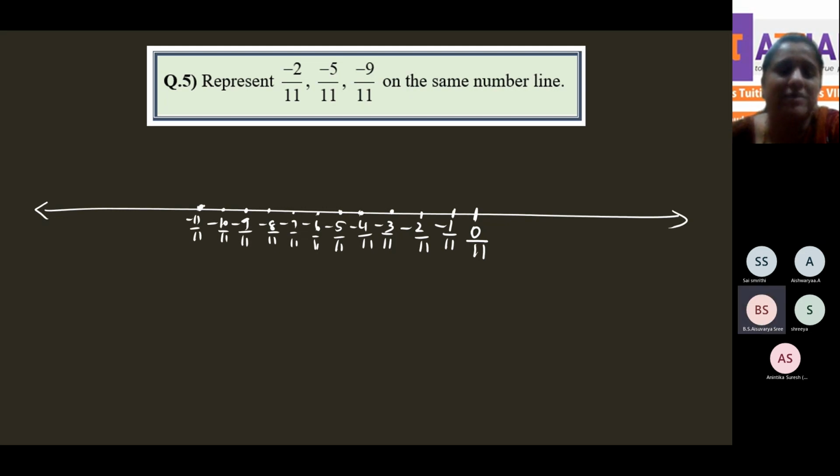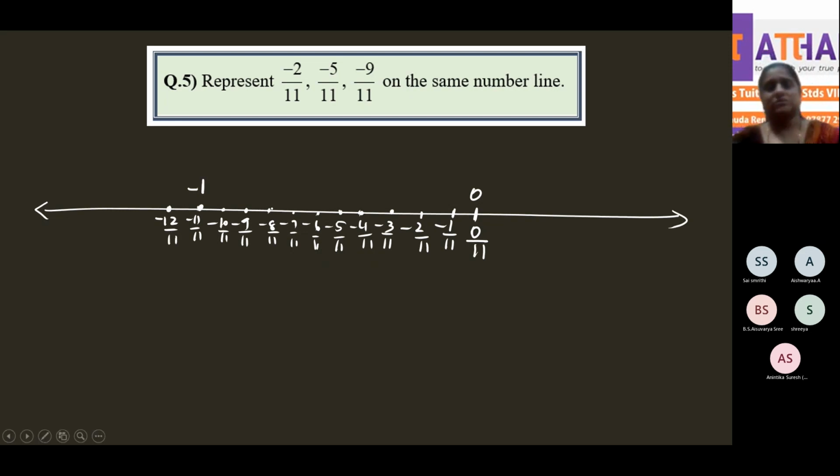And what is the value of minus 11 by 11? Minus 1. Minus 11 by 11 is minus 1, and 0 by 11 is 0. So you can just mark minus 12 by 11 if you want. That's enough.